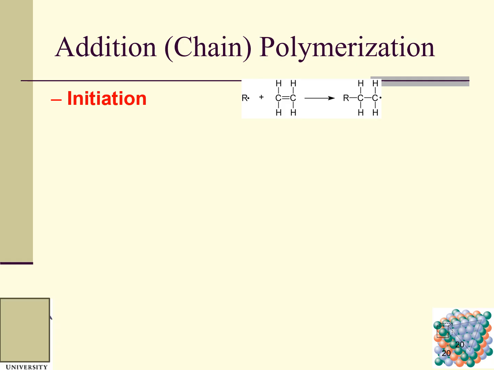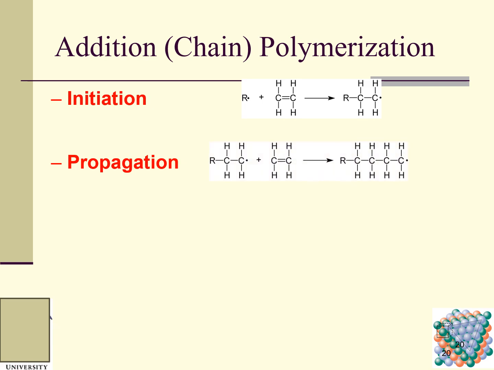In addition, we have a radical here, R. Initiation starts, and this radical R forms a single bond with this carbon. As a result, in this repeat unit, the C changes from a double bond to a single bond. Propagation means that this radical moves here.